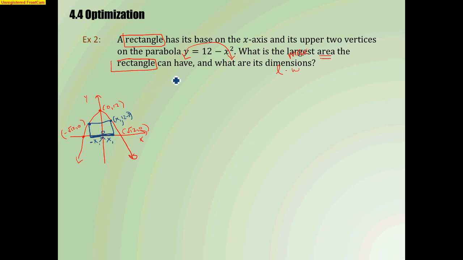So I'm trying to maximize area. Area is length times width. Area is, what is the length of this rectangle? Well, it's not just x, is it? Well, if I have x and negative x, don't I get 0?